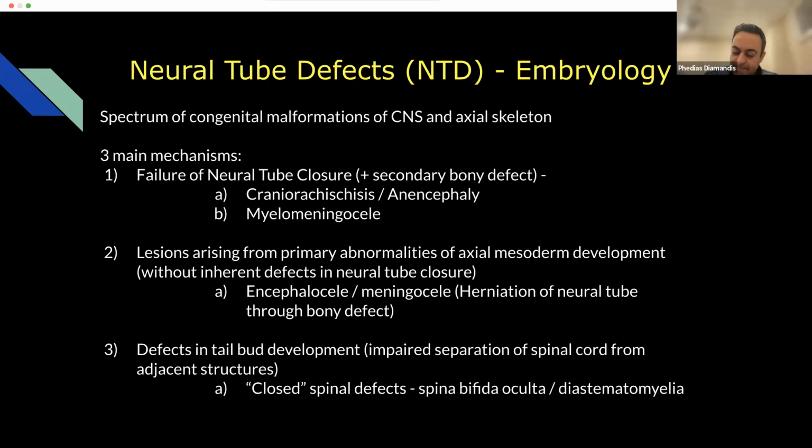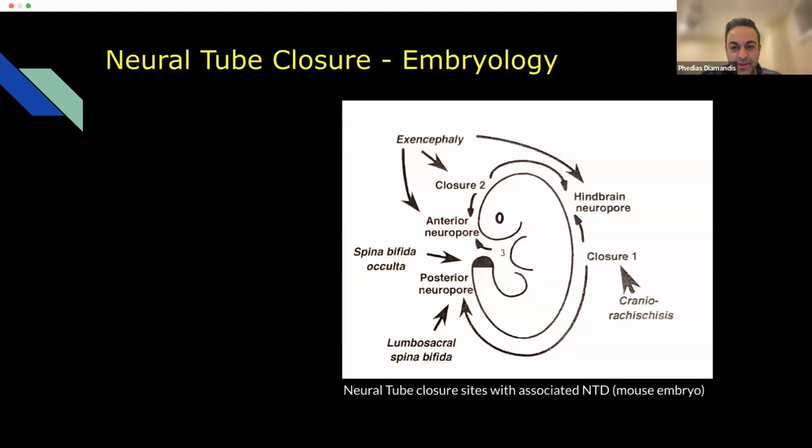So hopefully this is useful for you guys to remember these concepts. There are some anatomical frameworks, but again, I think understanding the embryology helps you learn both the embryology, but also helps you remember these in a very coordinated way.